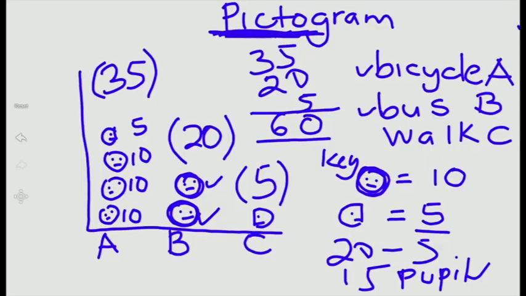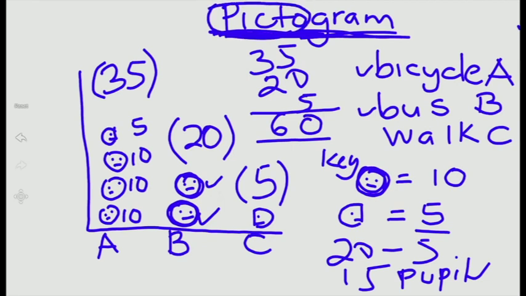What you need to know with the pictogram, you have to keep referring to the key. First, understand the key, that this symbol represents this number, and this kind of symbol represents that particular number. What the pictogram concentrates on, it only concentrates on the pictures.